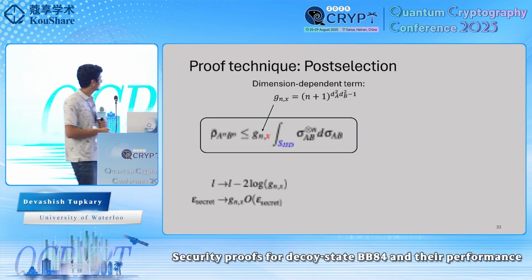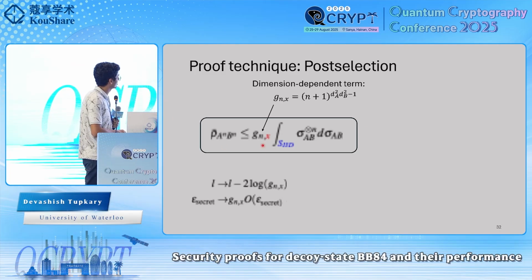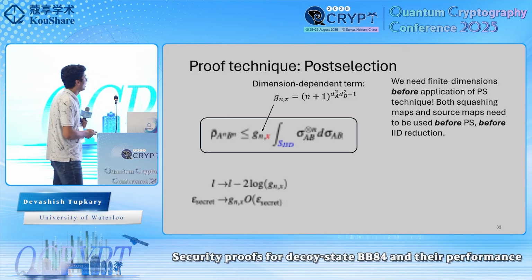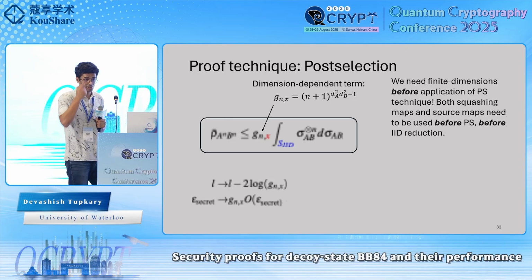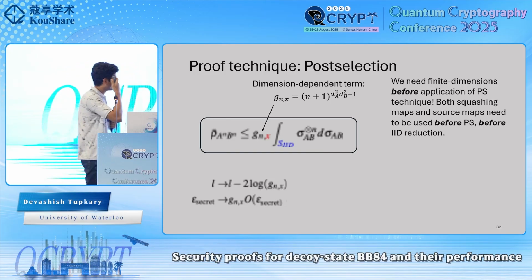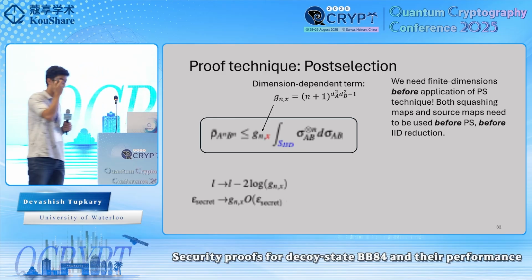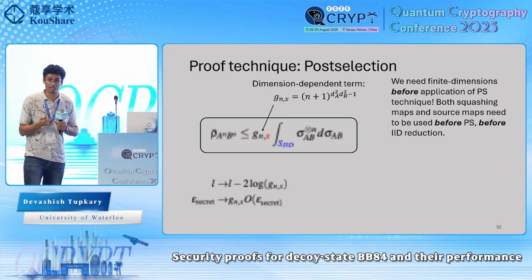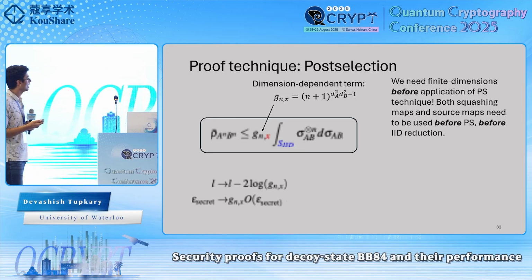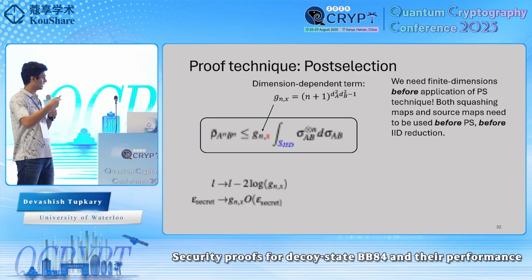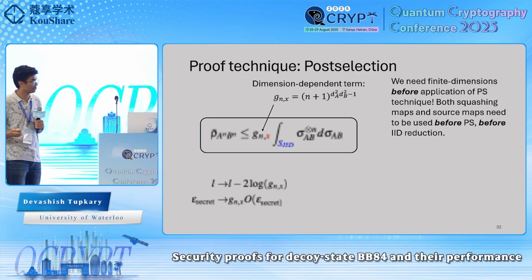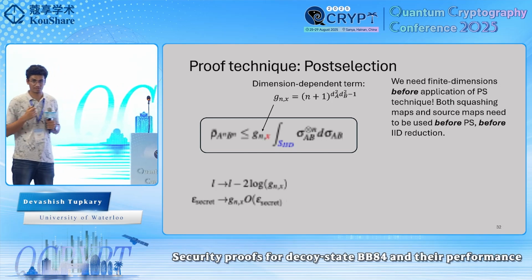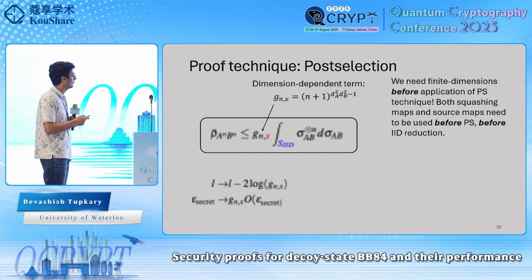So this g(d) term that shows up here depends on the dimension of Alice and Bob. What this means is that in order to use this technique, we need to have finite dimensions on Alice and Bob before we apply the post-selection technique. So we need to use squashing maps and source maps first, reduce to a scenario where we have finite dimensions, and then we can apply the post-selection technique.